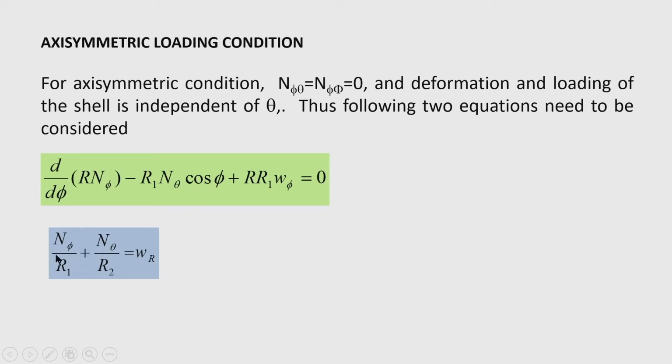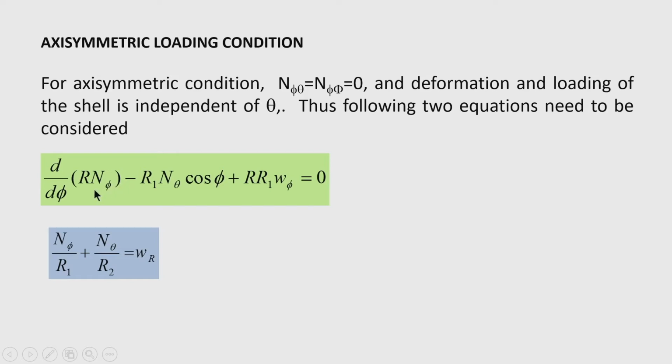So, N theta can be expressed in terms of N phi, and we can substitute back in the first equation. So, ultimately the first equation can be converted into an equation of a single unknown variable N phi.